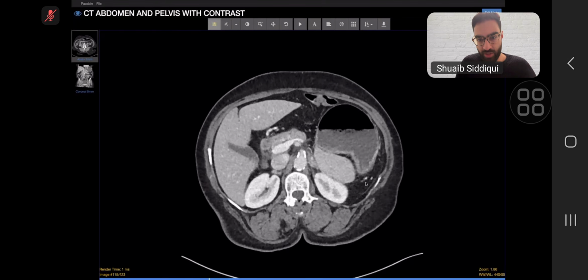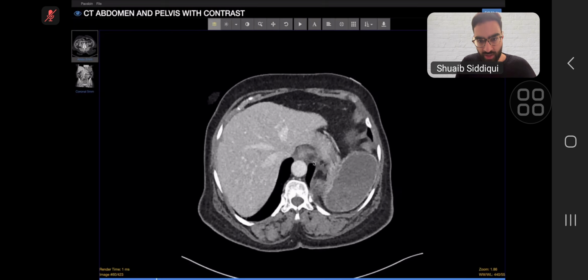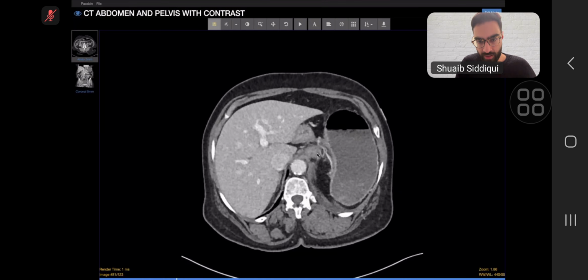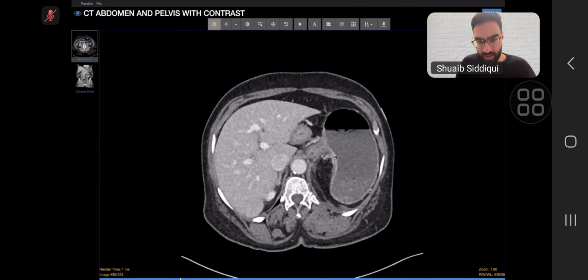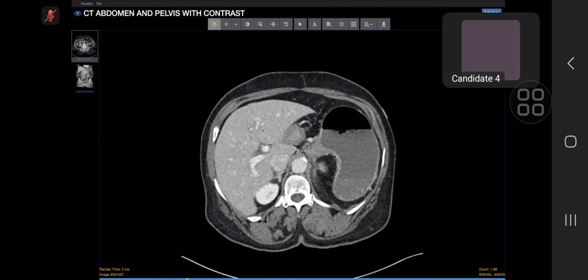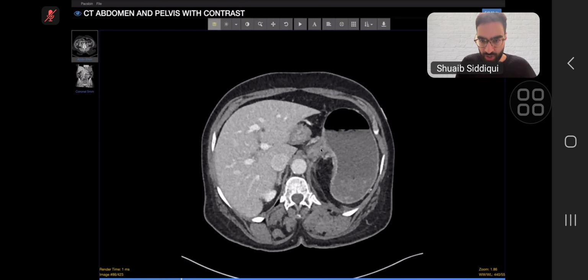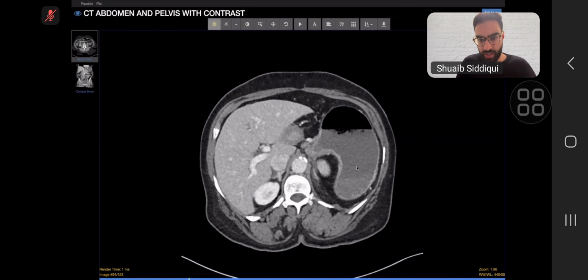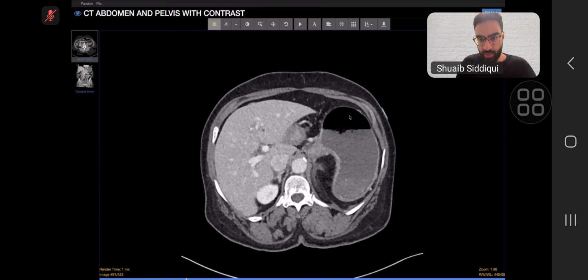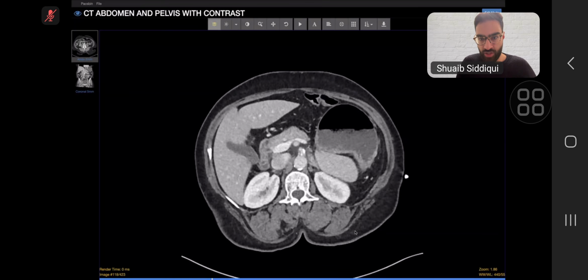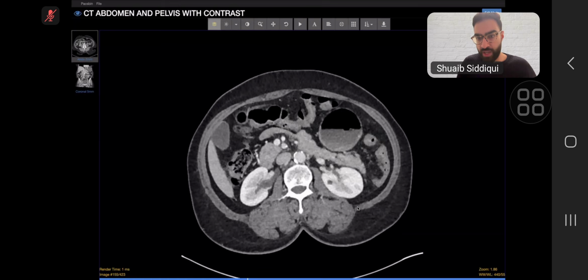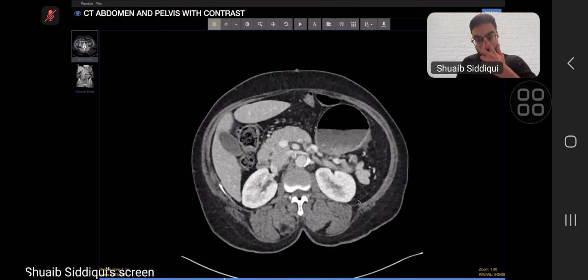So basically, this is gastric volvulus. If you follow the stomach, this is the GOJ here, right? Don't overcomplicate these things. It's actually very simple. Normally the antrum of the stomach should be below the GOJ. But if you follow this, the stomach comes around here, and then you can't follow it anymore. As you rightly said, it's flipped up on itself.